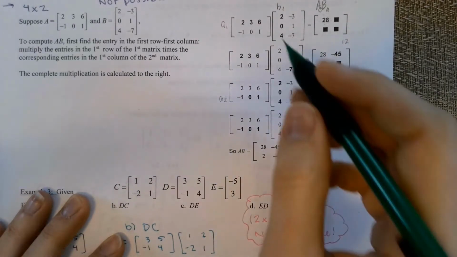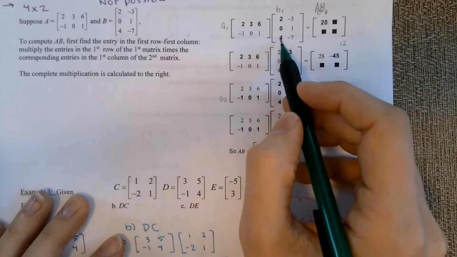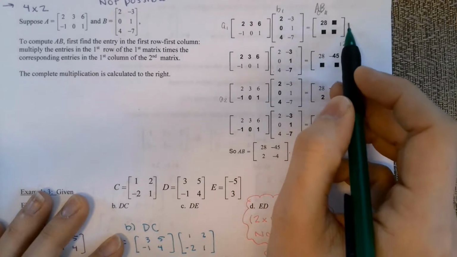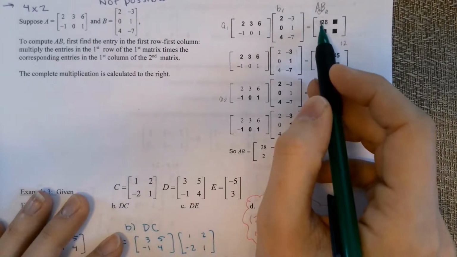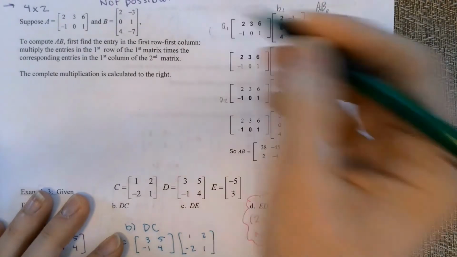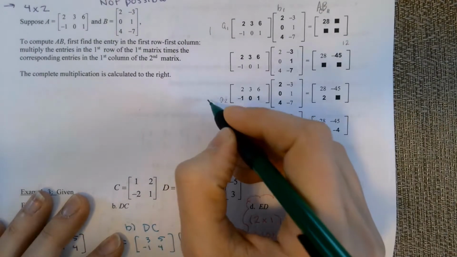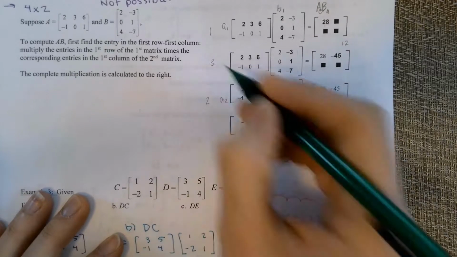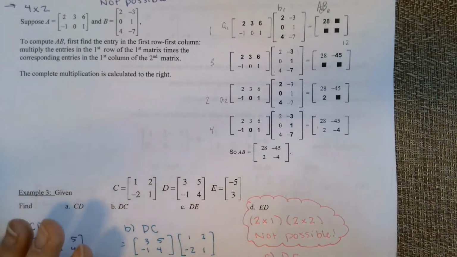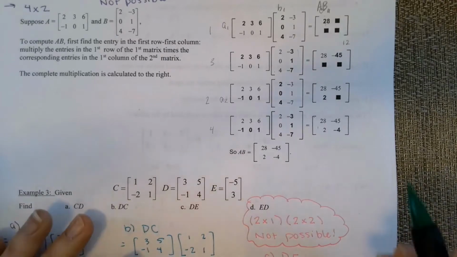I actually like to just use the first column, and instead of finding all of the entries in one row, I like to find the entries in all of the columns first. So I actually do this step first, then I do this step, and then I come back and do this and then this. And that's okay, because each entry is being calculated separately from the other entries.